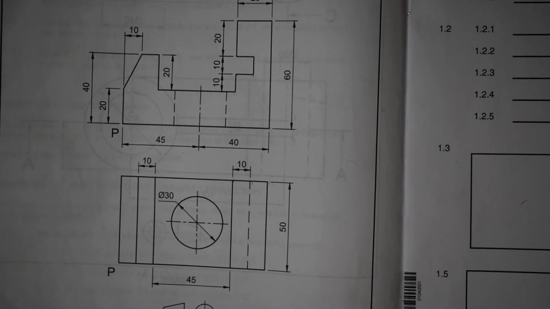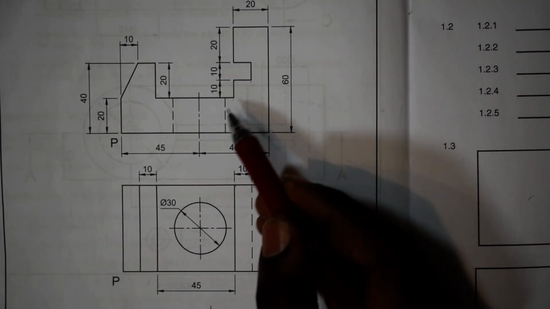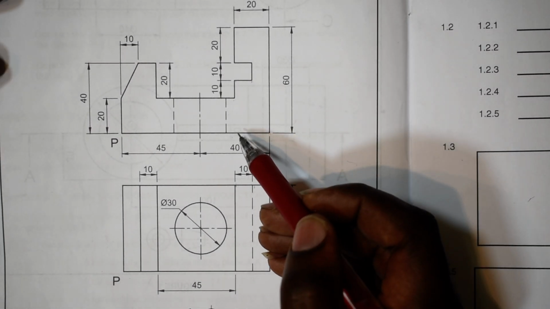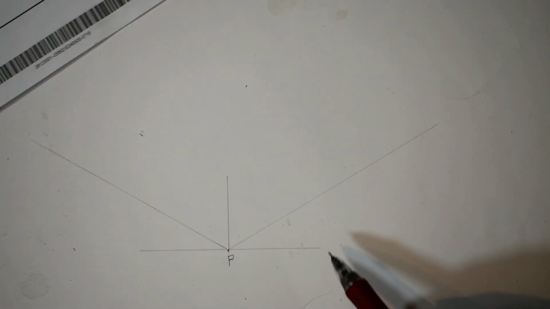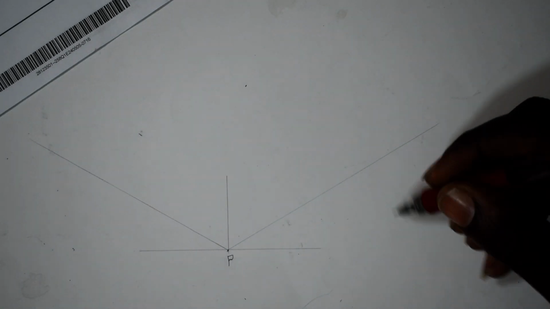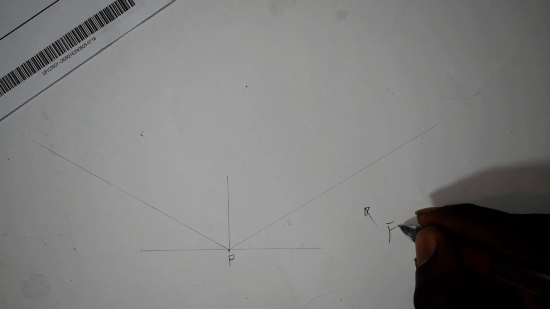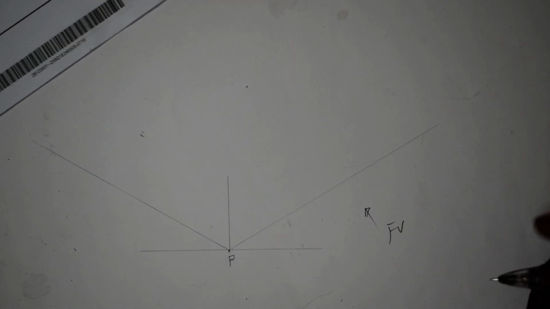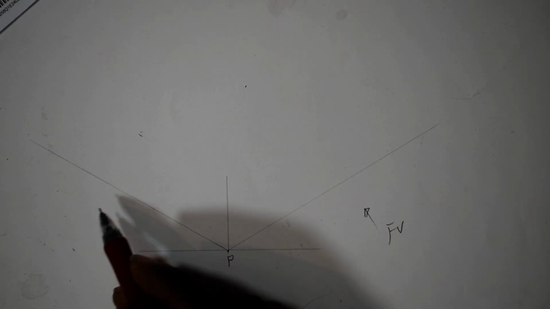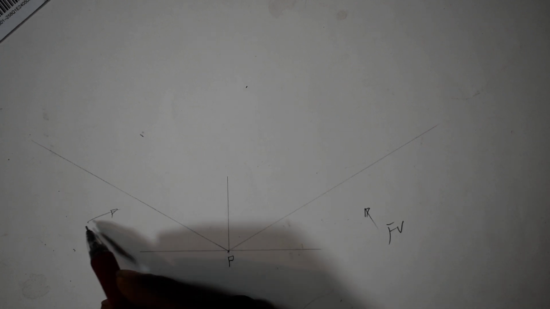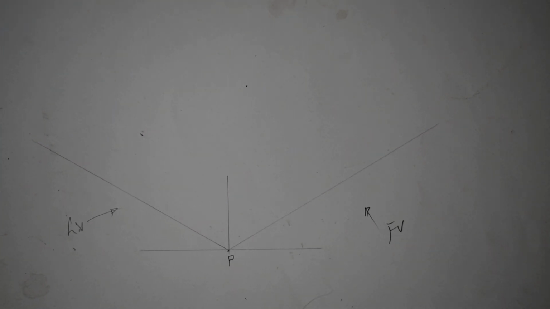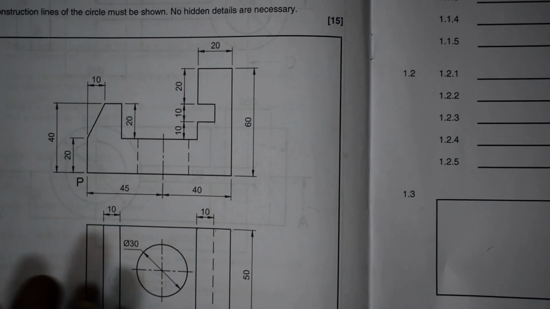These 2 primary views are given in first angle orthographic projection. This is the front, so I have to position the front on my right hand side. On this side, I have to get the front view, so that this side becomes my left view, which I do not have here.